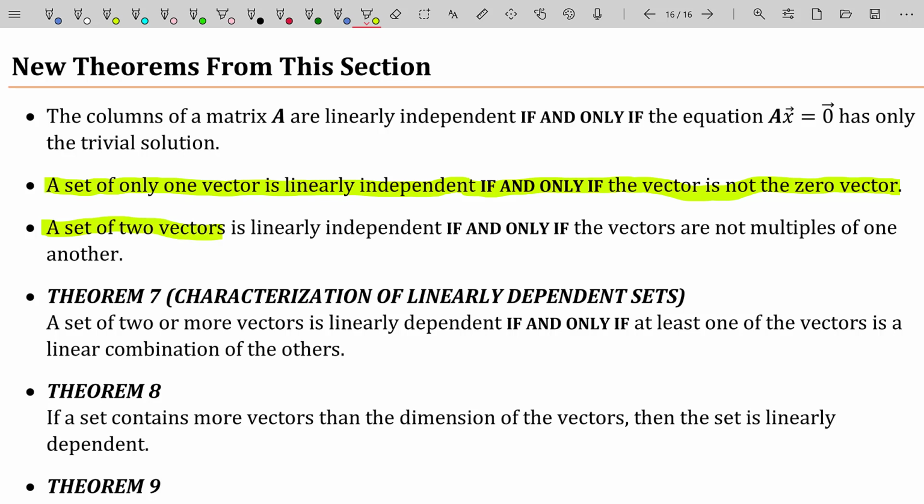A set of two vectors is linearly independent if and only if the vectors are not multiples of one another. That's kind of a baby theorem leading up to a bigger theorem. And the bigger theorem is theorem 7. That is actually a more generalized statement than the one I just highlighted. So a set of two or more vectors is linearly dependent if and only if at least one of the vectors is a linear combination of the others.